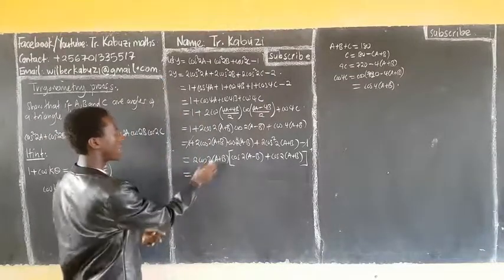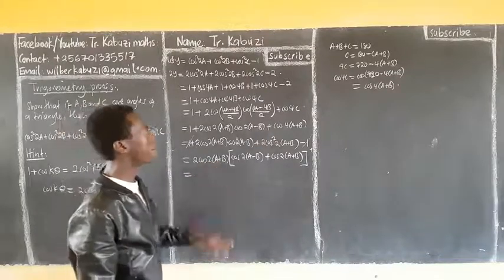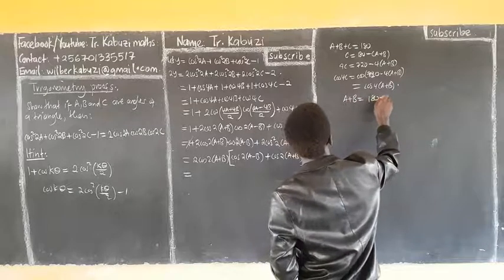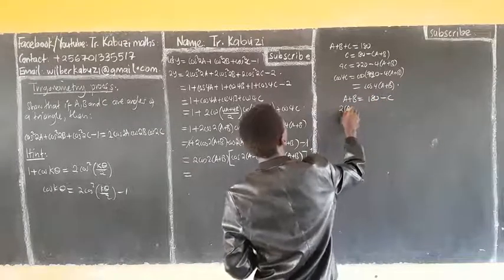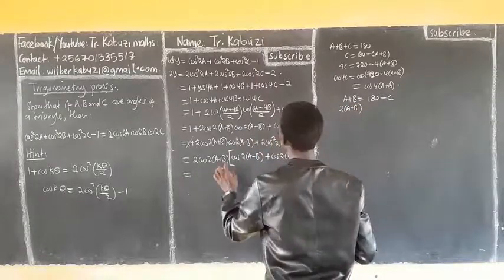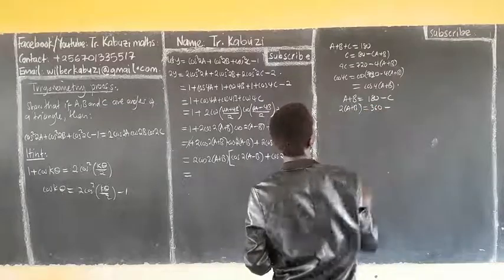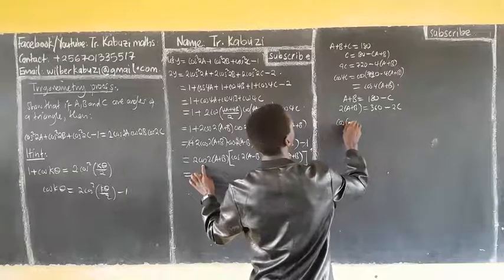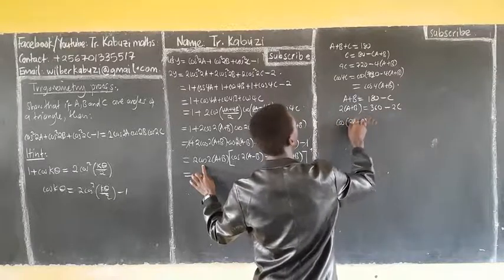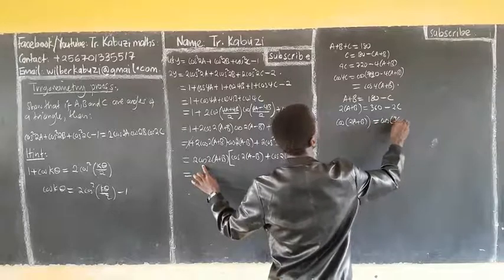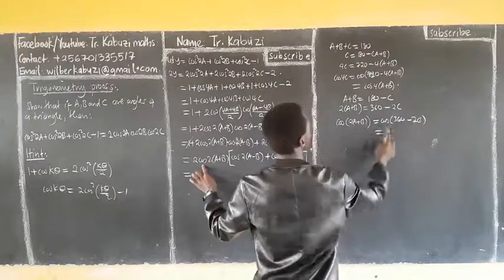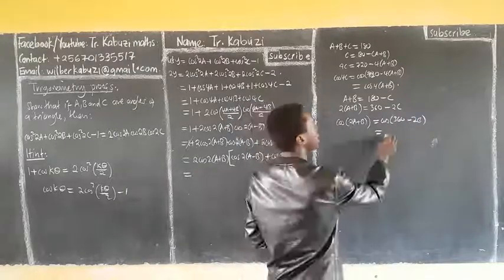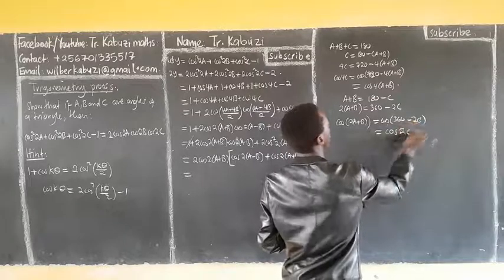Now I want to remove this A plus B. From here, my A plus B is going to be minus C. Multiply through by 2, because this one is also 2. So this becomes minus 2C. So introduce cos. You see this angle is in the fourth quadrant, and in the fourth quadrant cos is positive. So this would be cos of this angle 2C.